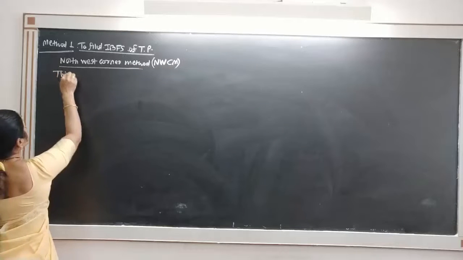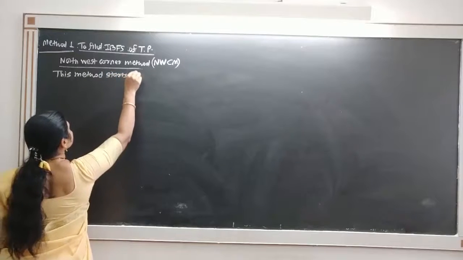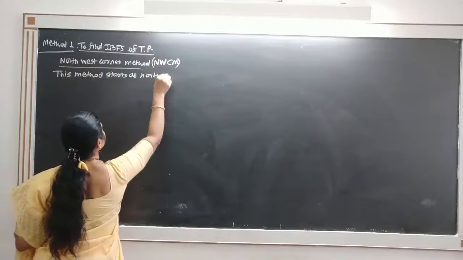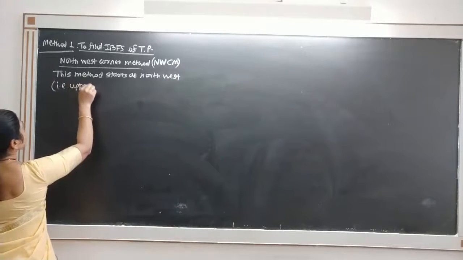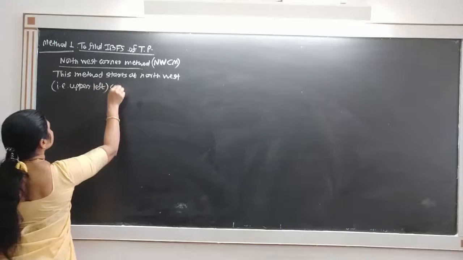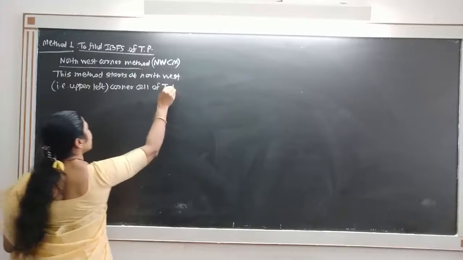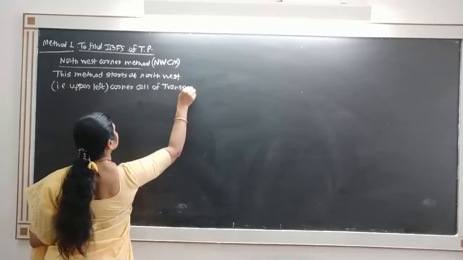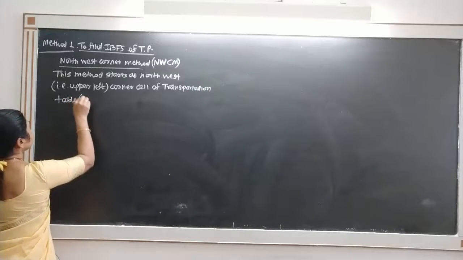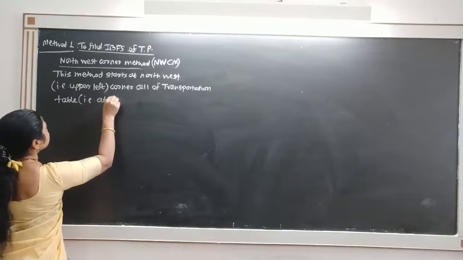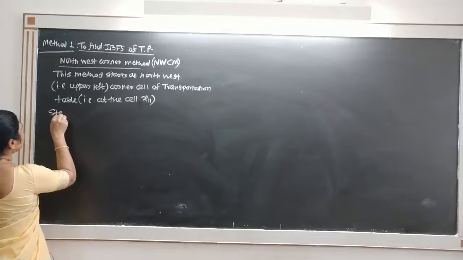This method starts at the northwest, that is the upper left corner cell of this transportation table, that is, it starts at the cell X11.